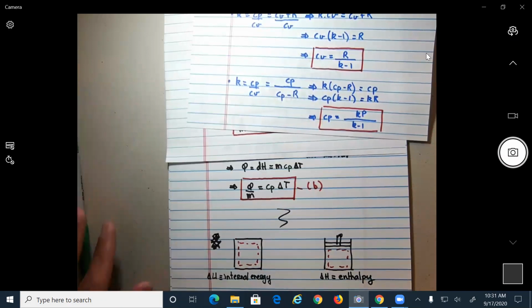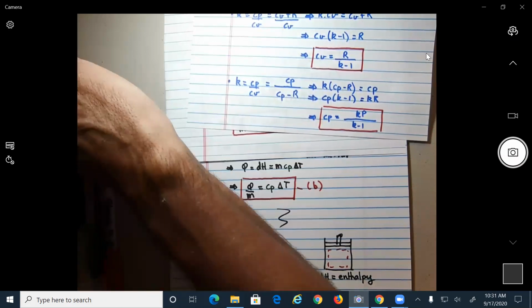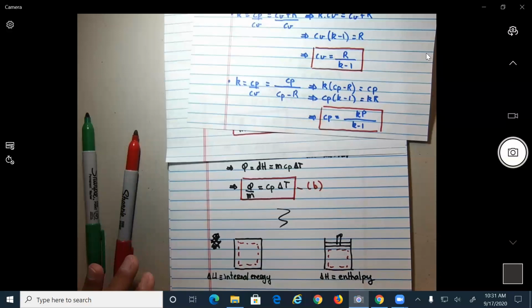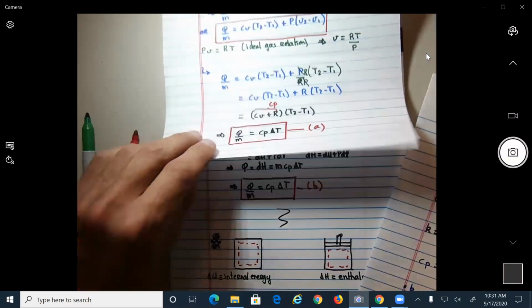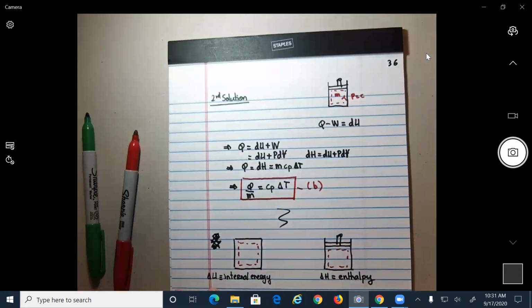So we had the equation when we did the first one on the first page. On this page over here, what do we say?